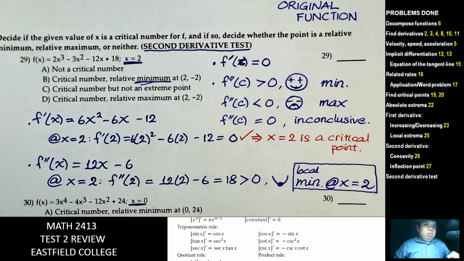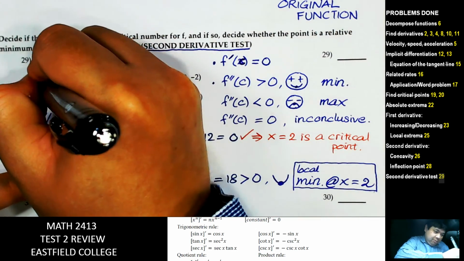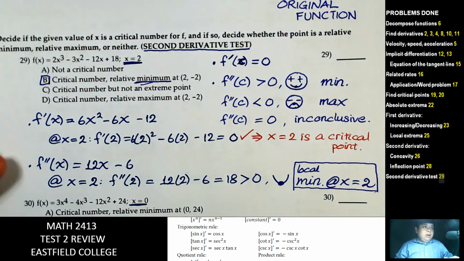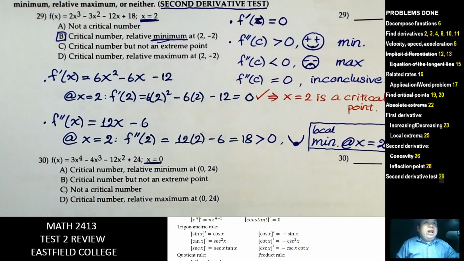So that is straightforward. That was 28. Number 29 will be very similar to this, so I don't think I need to do that.